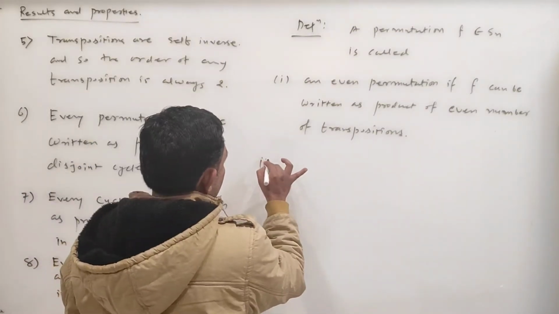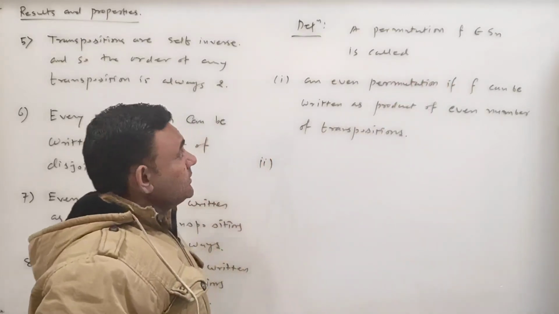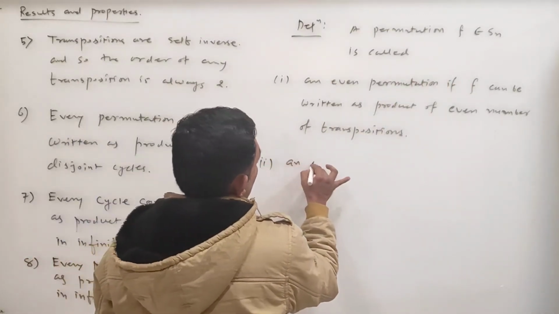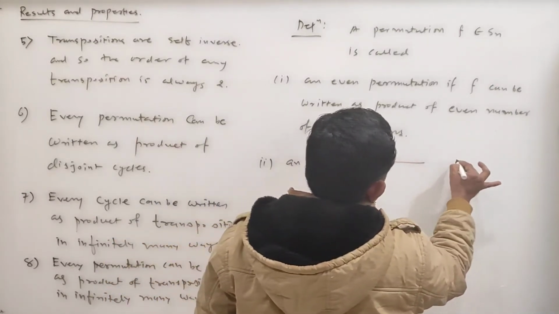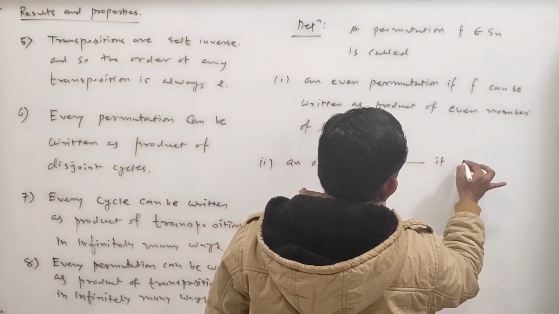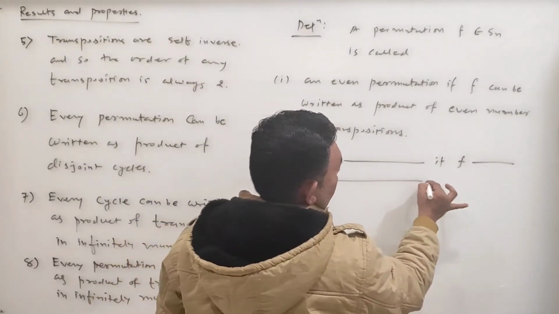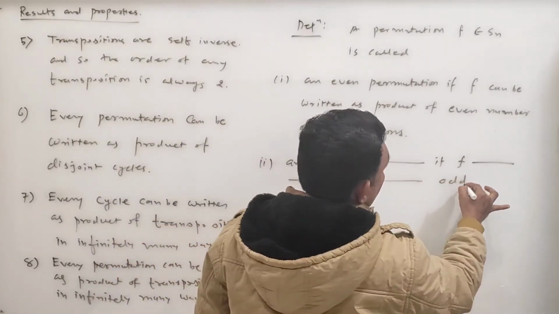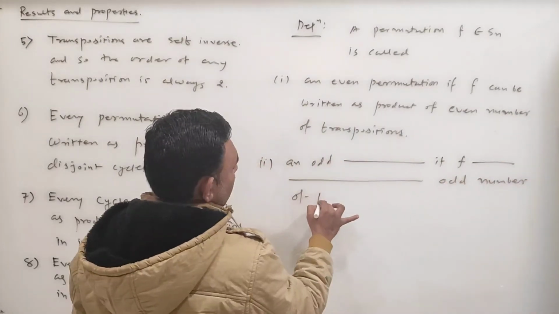And the second thing, a permutation F belongs to Sn is called an odd permutation if F can be written as a product of an odd number of transpositions.